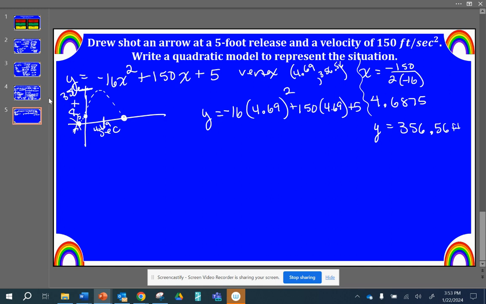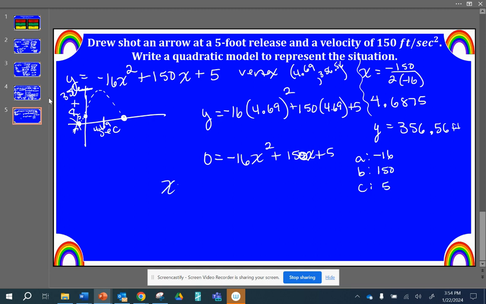So we want to know at 0 feet, how many seconds does it take to hit the ground? Quadratic formula. Oh, guys, I almost forgot, that's a 0. Getting a little too quick.